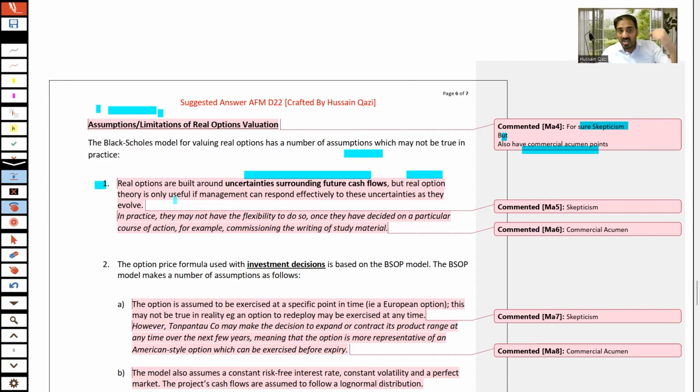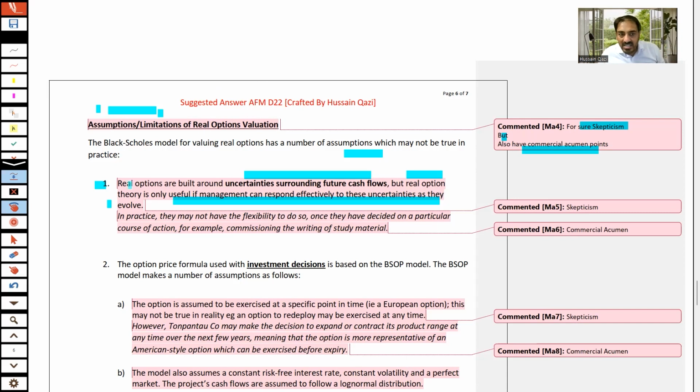Here real option theory assumes that management has the ability to respond effectively. If some action is taken by the competitor, management will respond accordingly, meaning management can respond effectively to these uncertainties as they evolve. This is the assumption that management can do that.